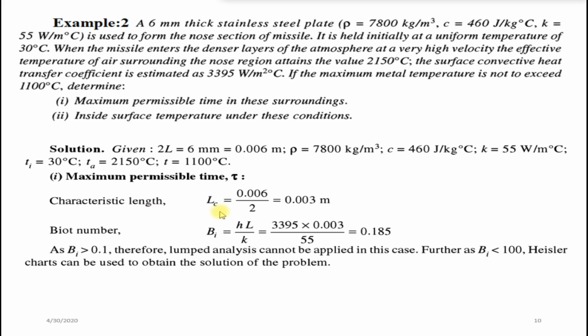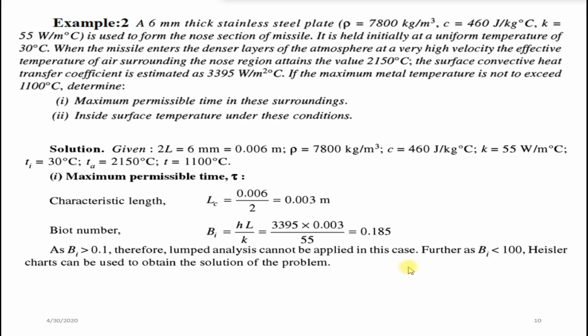For that, we have to find out the characteristic length, that is Lc equal to 0.006 by 2, that is 0.003. Biot number is h Lc by K. So you will get 0.185, which is more than 0.1. So it is not possible to use the lumped capacitance method. So the graphical method can be used to solve the problem.